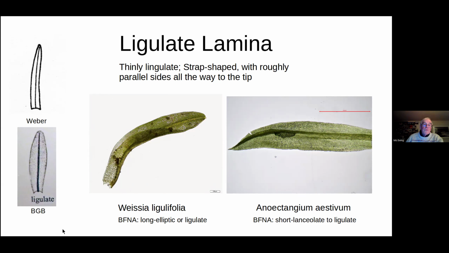In the big green book, the illustration, you might call that sort of oblong linear, but here are a couple of examples of these.